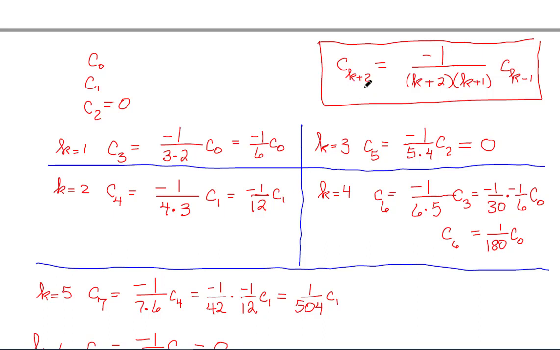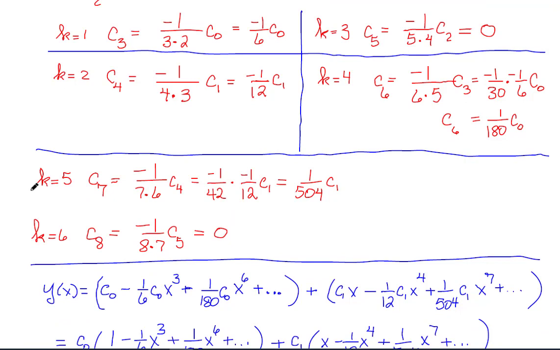You have k running, that gives you a particular C, but then that's essentially several 3 away from where c(k+2) was. Do the same for k equals 4, giving you C6, which involves C0. k equals 5, C7, and C1. k equals 6, which is C8. C8 involves C5, but C5 was 0.